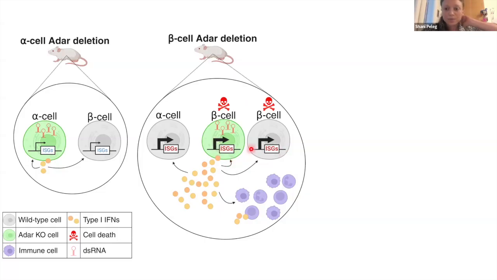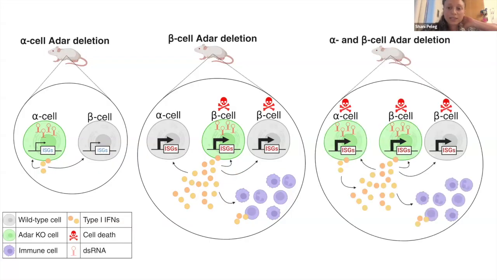So it looks like wild-type beta cells are more sensitive than wild-type alpha cells to death from inflammatory cytokines that are produced in this model. Lastly, we found that alpha cell death can be induced if we delete Adar in both alpha and beta cells.